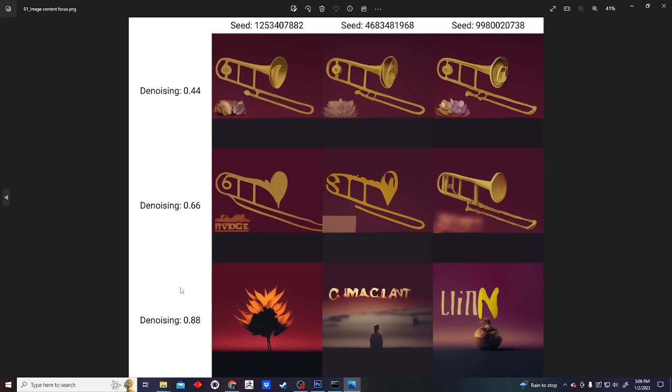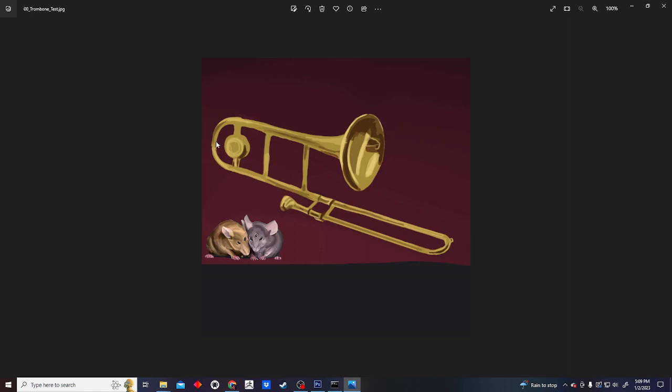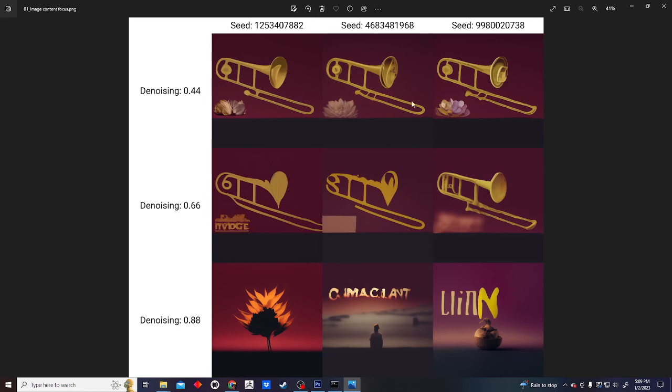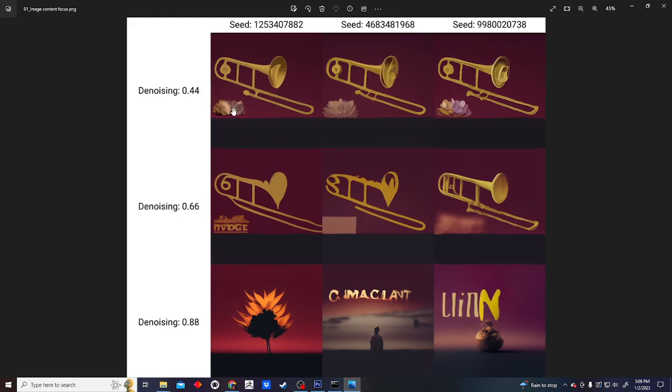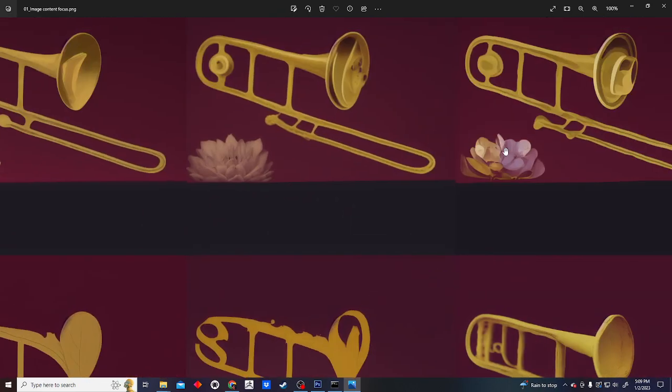And then I have levels of denoising. The lower the level of denoising, the closer it is to that original composition, where if we look here, the trombone shape manages to be very thoroughly maintained, and then the mice are entirely gone in these.